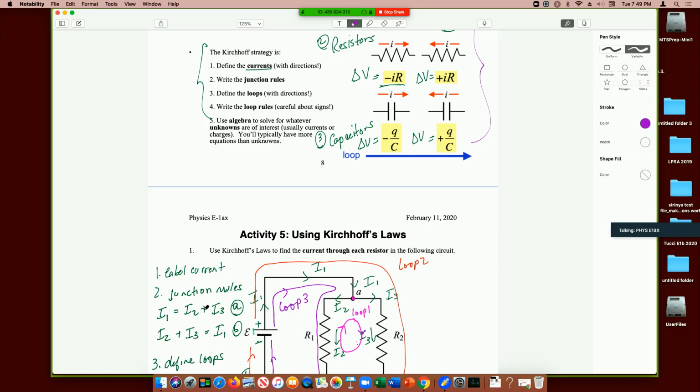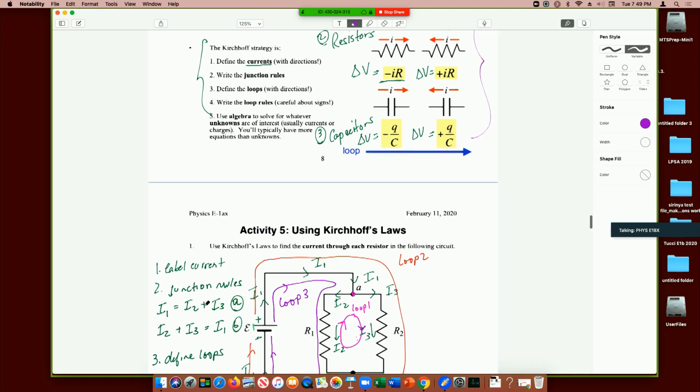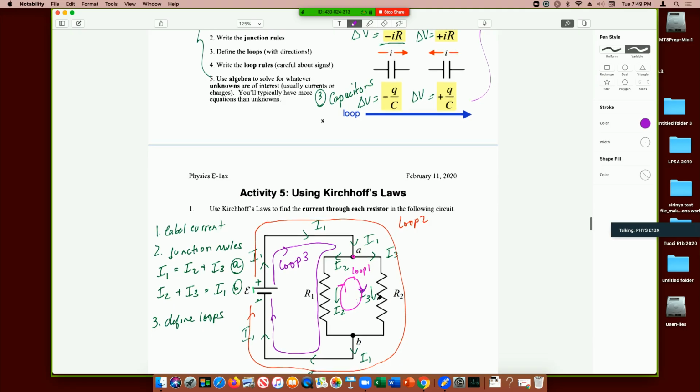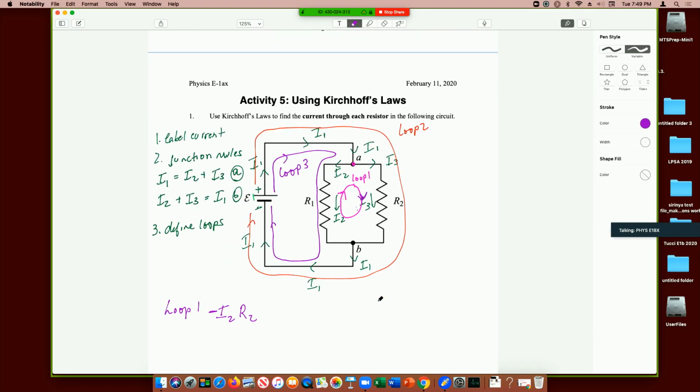Remember, if the loop goes in the same direction, here's my loop pointing down, my current is pointing down, so it has to be negative. So the first term is negative I2 times R2. What is that quantity?